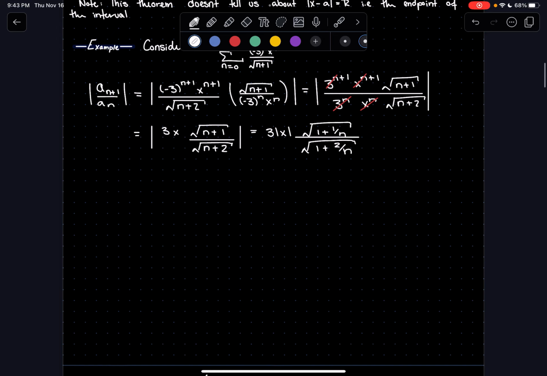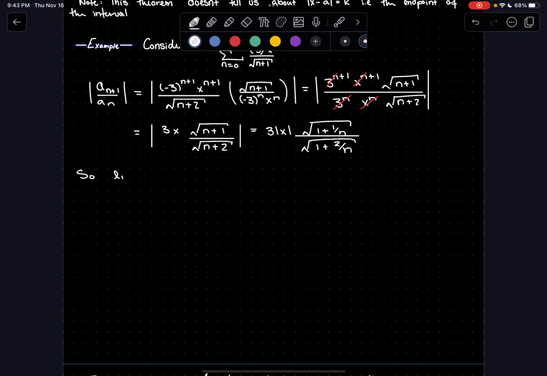And that square root. Okay, so we get that the limit as n goes to infinity of a_(n+1) over a_n is equal to, let's do 3 absolute value of x times the limit as n goes to infinity of the square root of (1 plus 1 over n) over (1 plus 2 over n), square root there, right?